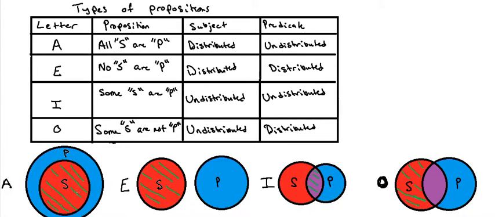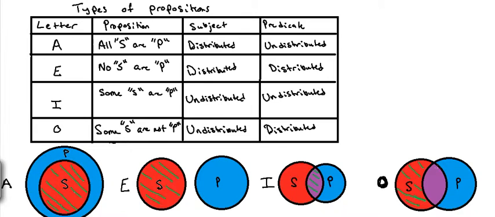For I, we have sometimes S is P. So for both, they are undistributed. For O, we have some S are not P. So our predicate is distributed.